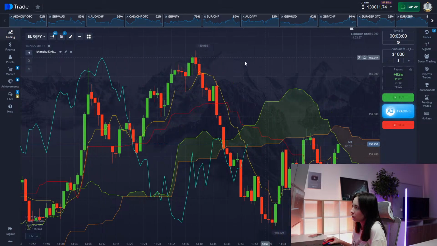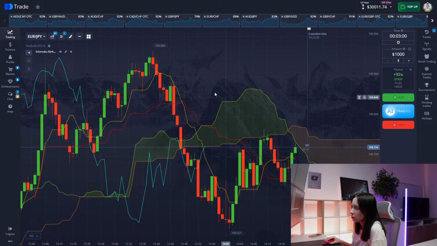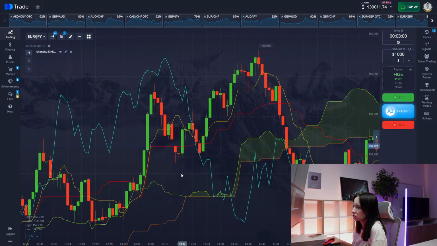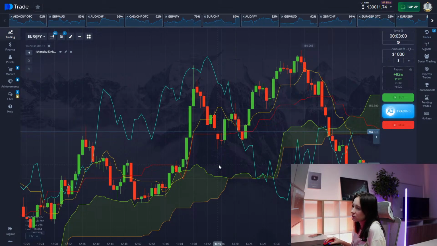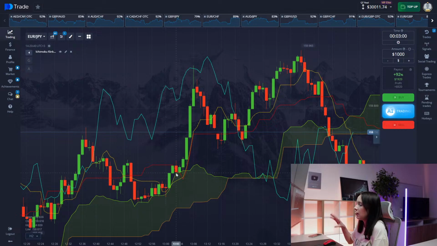Even at this moment, do not, because it is always controversial, and it is kind of scary. Not scary, but it just won't give you accurate signals, because at this moment the market might anytime just reverse. That's why.